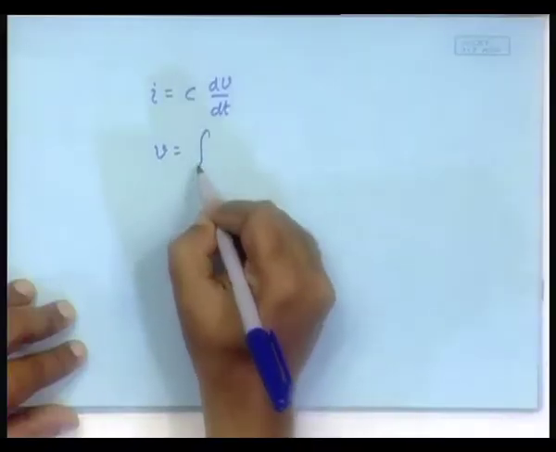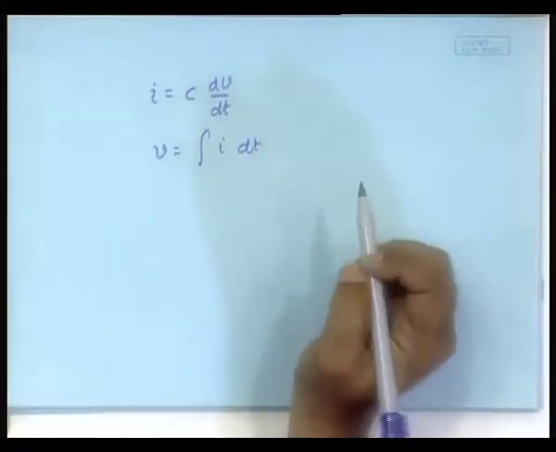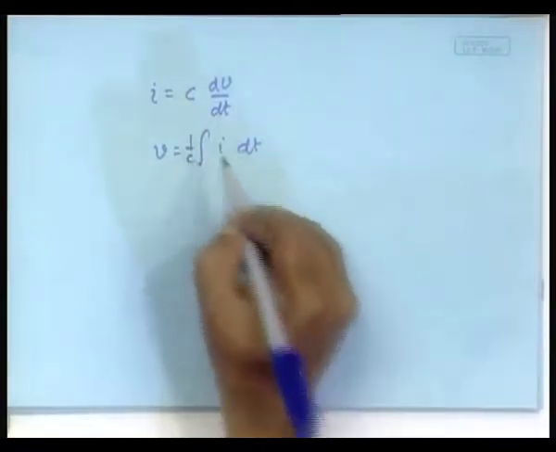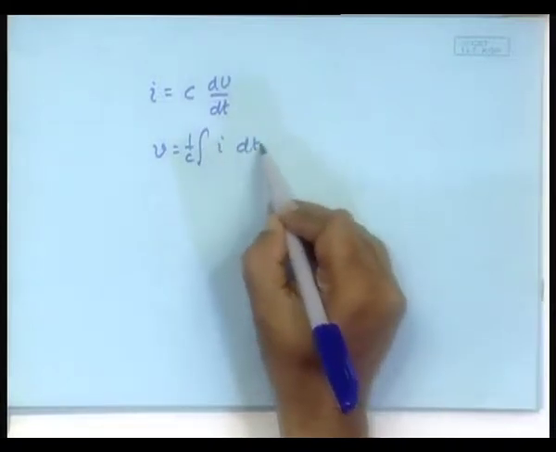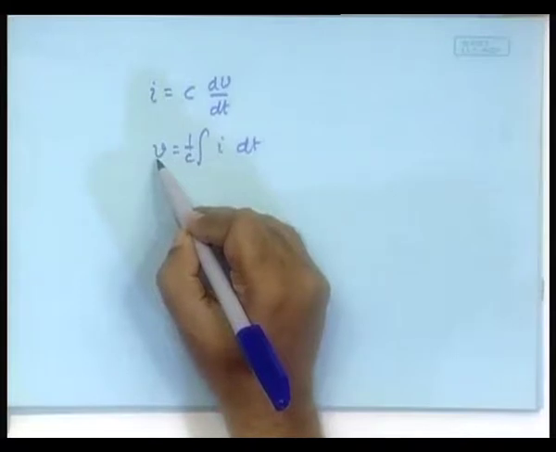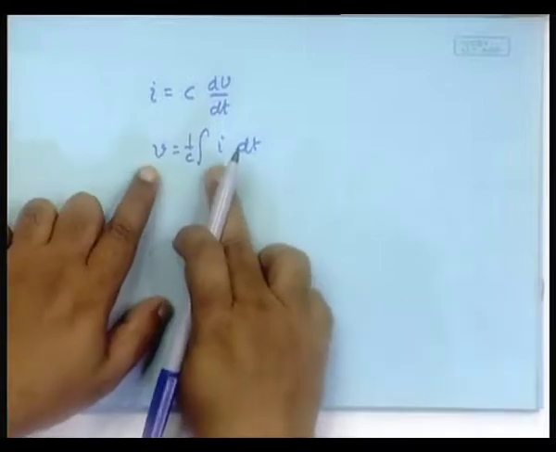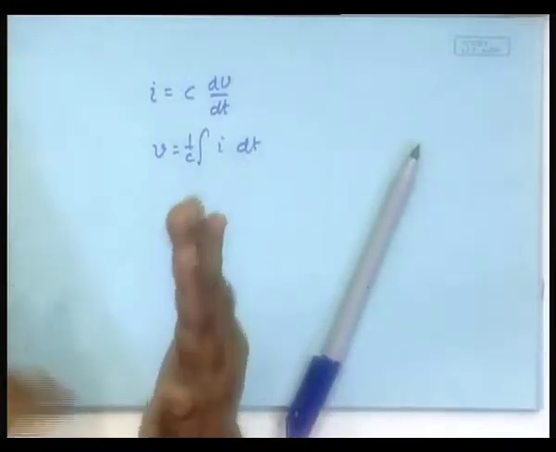An electrical capacitor's governing equation is I is equal to C dV/dt, or V is equal to the integral of I dt. Okay. So, the history of the current determines the present voltage.